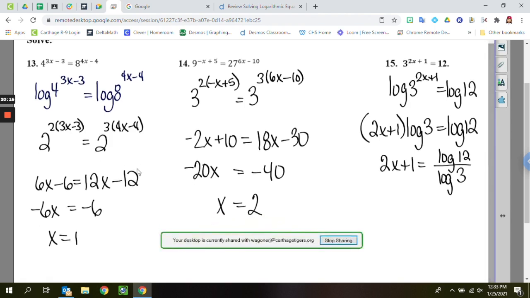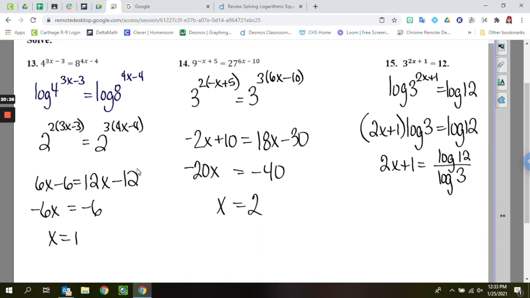So this is where I want to caution you to make sure you're not rounding. Okay? So in your calculator, figure out what log of 12 divided by log of 3 is. Then from that answer, subtract the 1. Then from that answer, divide by 2.